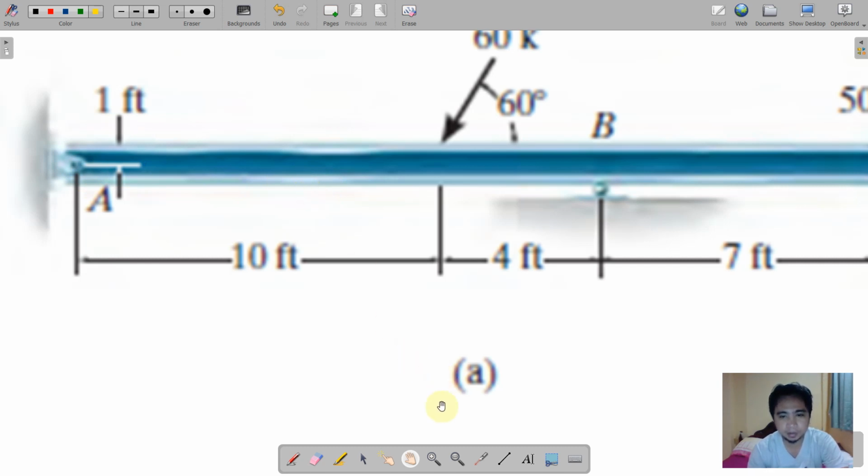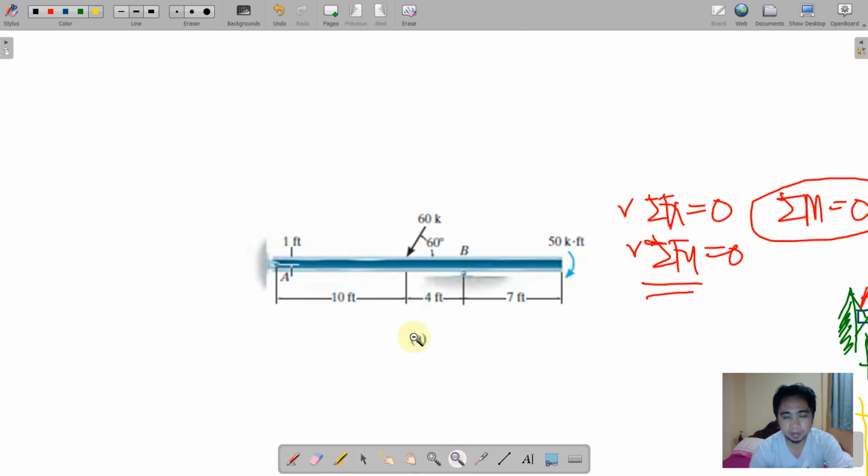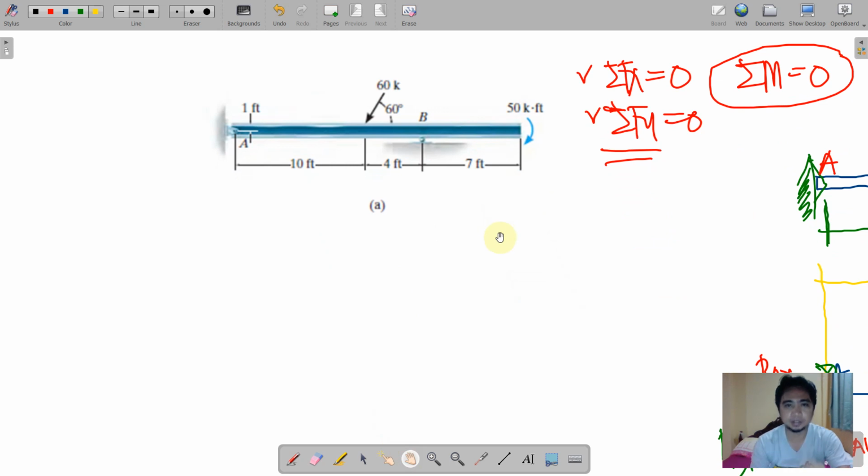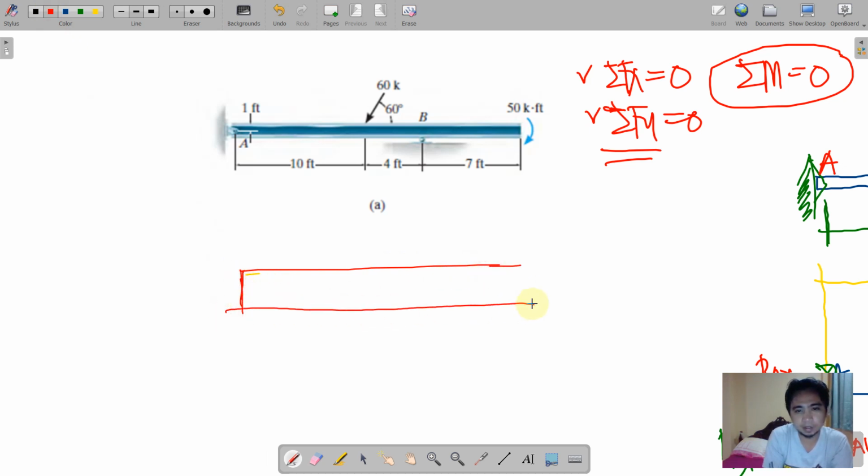So following strictly this setup, there will be a slight difference on the answers. So if that is the case, we need to revise our idealized structure. So diretso na tayo sa free body diagram, ano? So perhaps anong gagawin natin, as much as we can, tatabain natin yan just to emphasize the distance here.